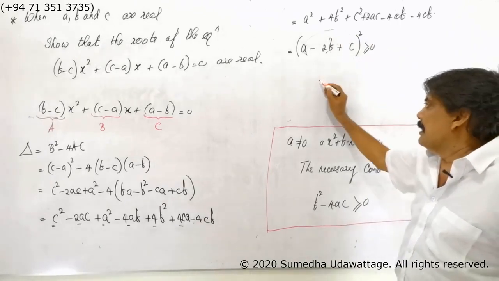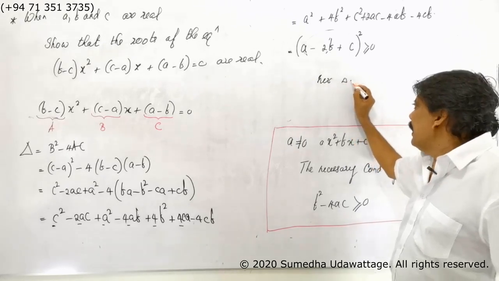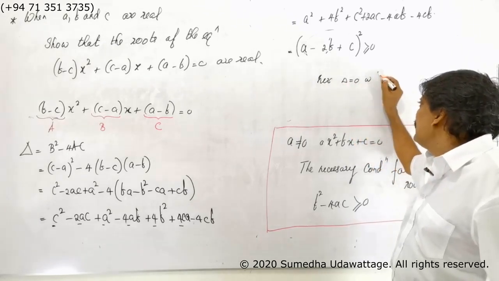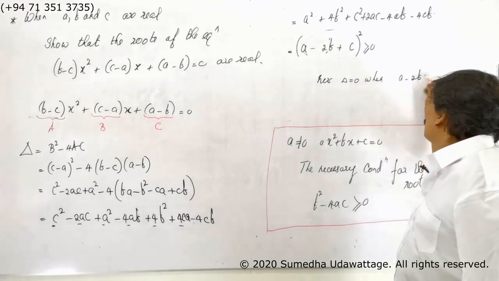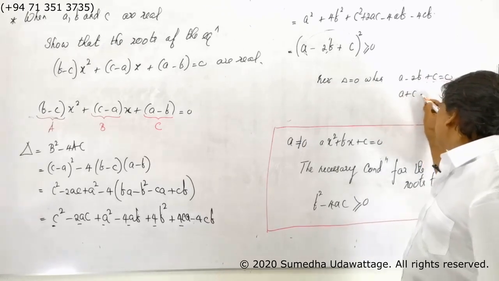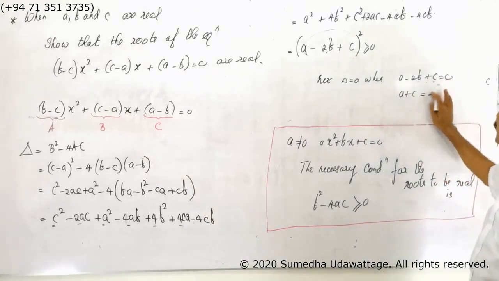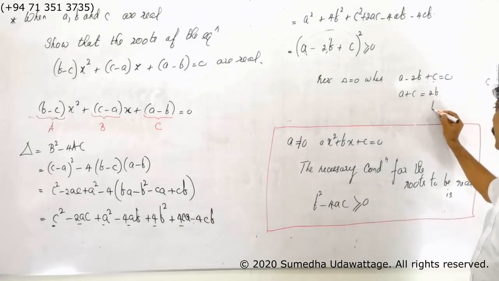Yes. Here we will say delta is equal to 0 when a minus 2b plus c is equal to 0. A plus c is equal to minus 2b, brought this way is 2b.